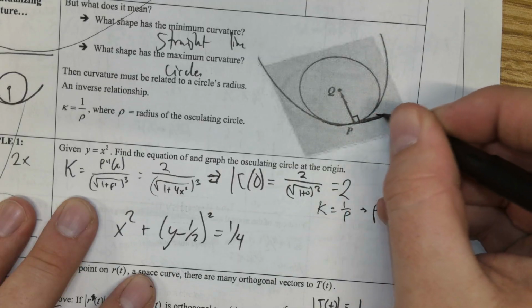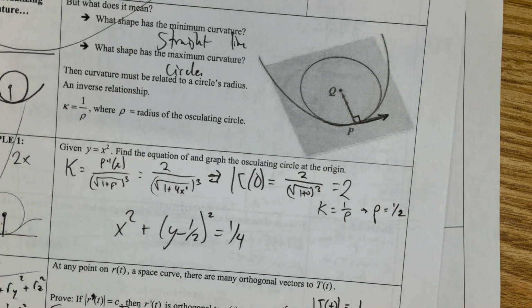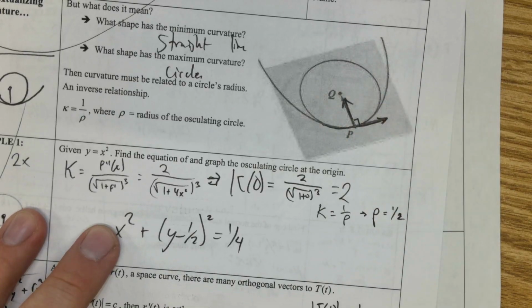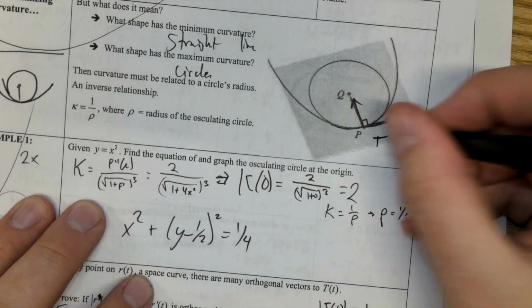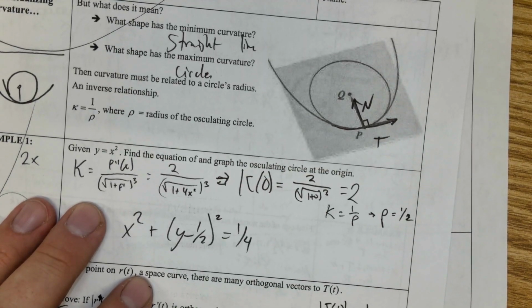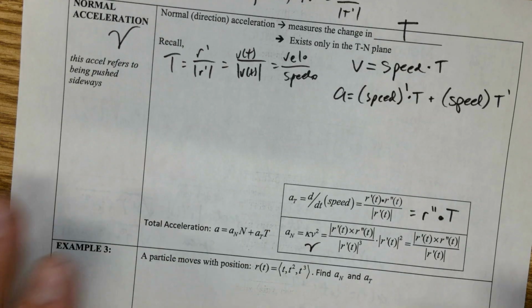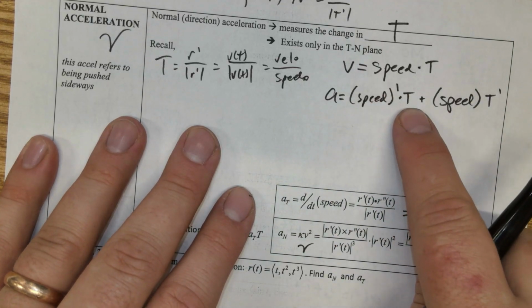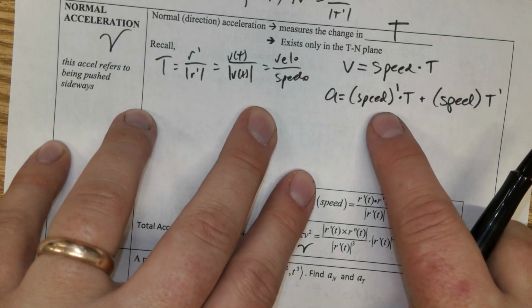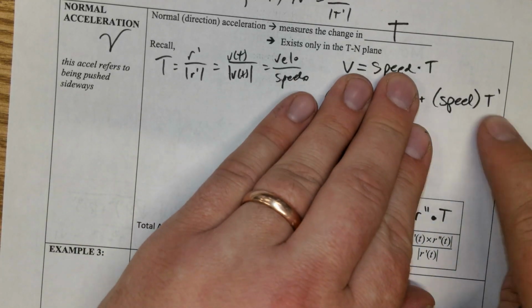If this is the direction of my car, the speed is forcing me this direction, but that turn is pulling me in the normal direction, t, n. That's going to happen right here, speed prime times t. Sorry, it's going to happen over here.